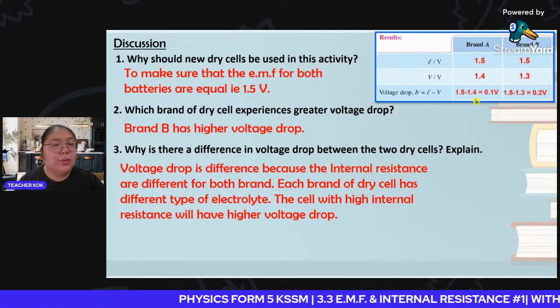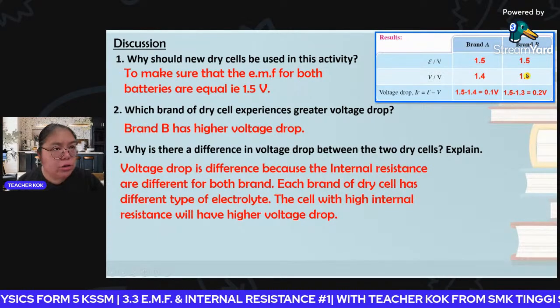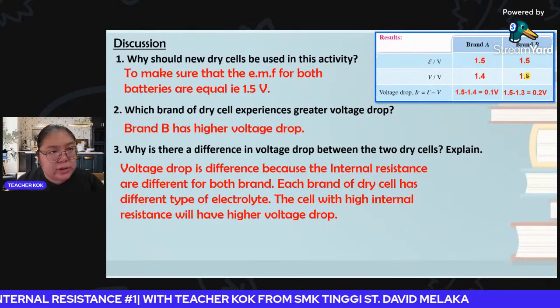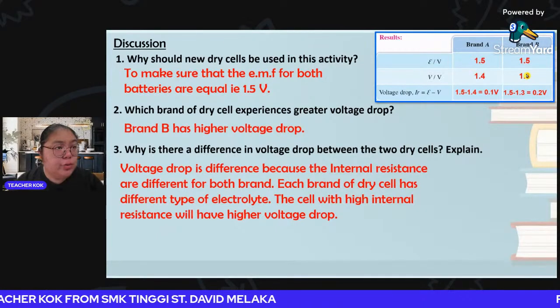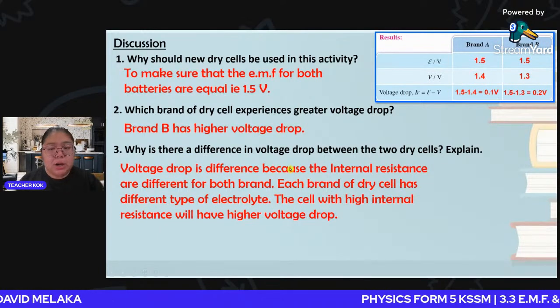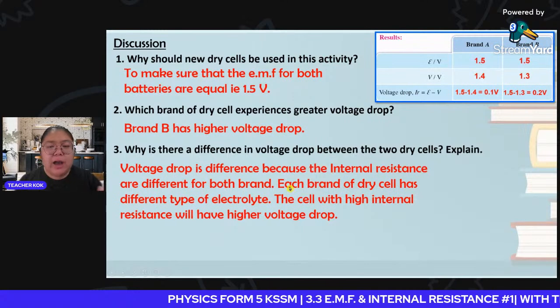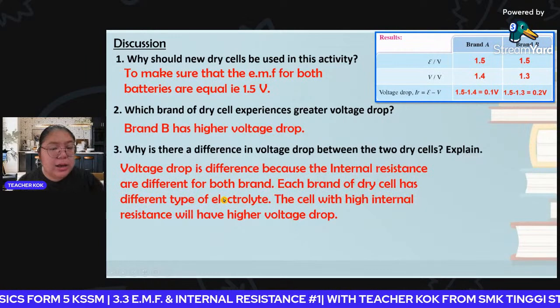So that means the small r in the two brands is different. You need to overcome the resistance. If you use more current to overcome the resistance, the voltage drop should increase. It will drop more. So the voltage drop is different because the internal resistance is different in both brands. Every brand of dry cell has a different type of electrolyte.